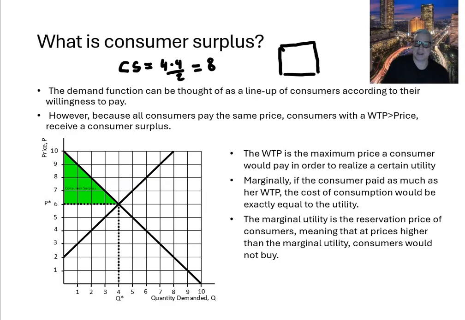But since we have only half a square, like in this case this area here, we calculate this area as 4 times 4, which is 16. We divide by 2, we get 8.